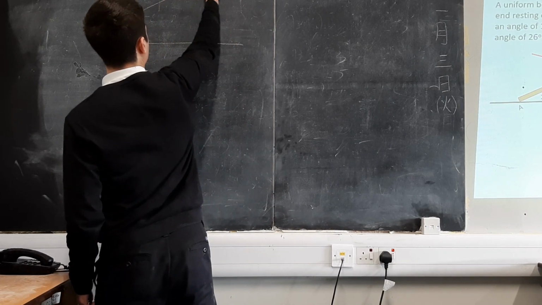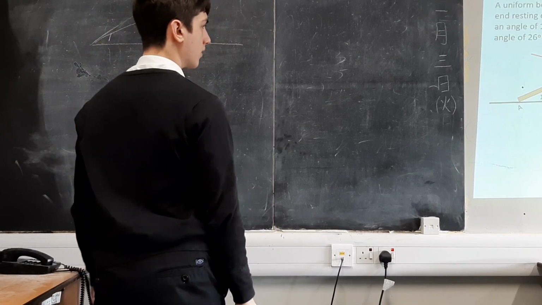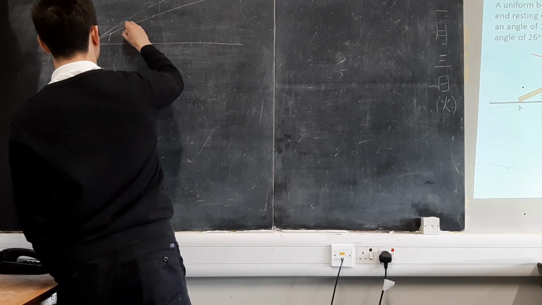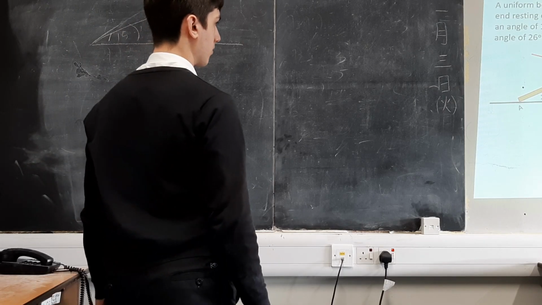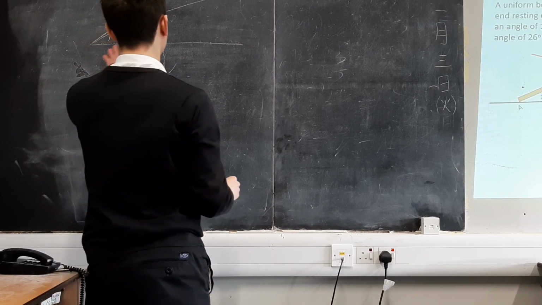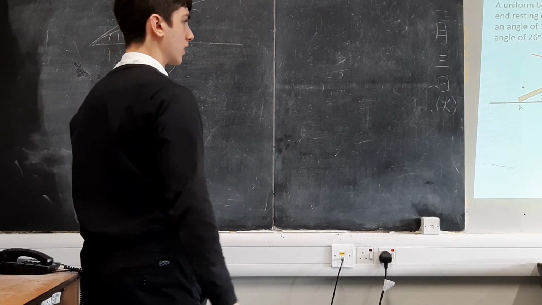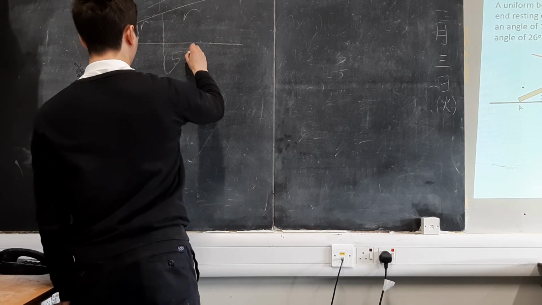Too high. Nice acute angle. 15 degrees. And for it's halfway, so it's a length of 2r. So r here, r there. That's in the center of 50 g.